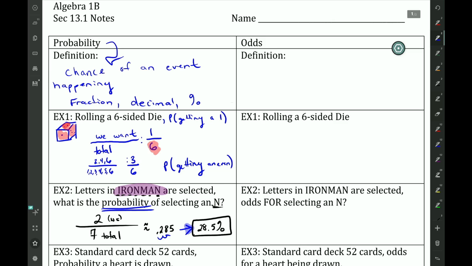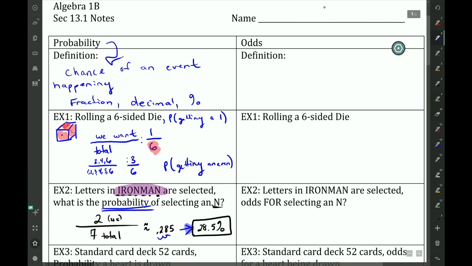So, the odds are dealing with the total, so there's either odds against or for. So odds for takes the number of events you want over the number you don't want.